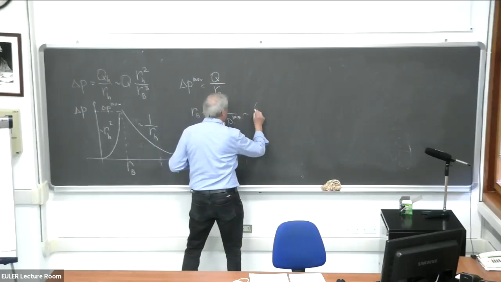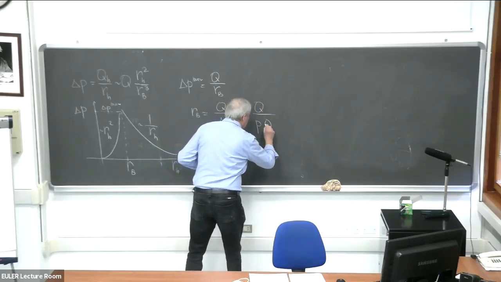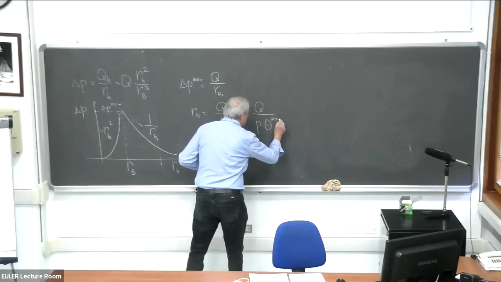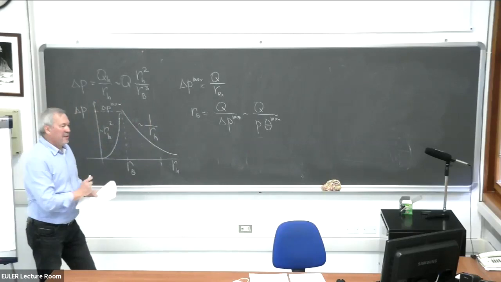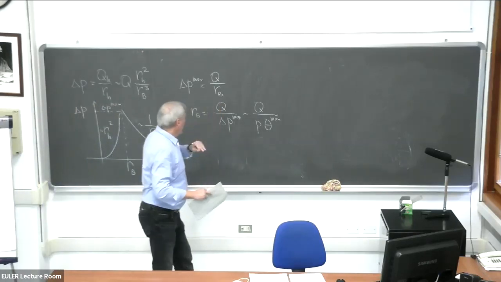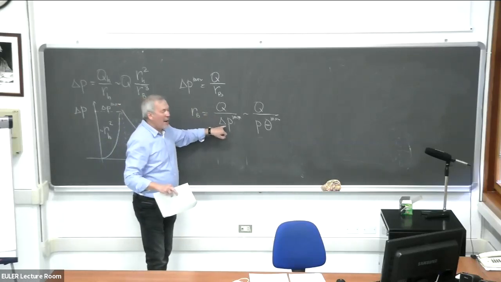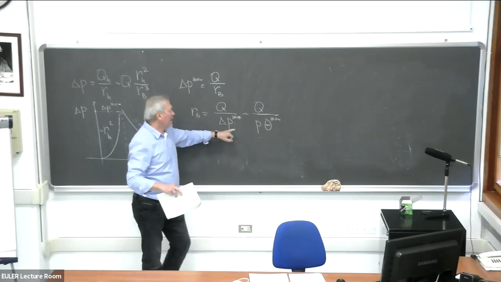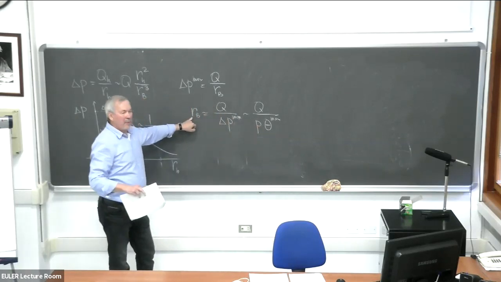Or we can write this as Q over P sine theta maximal; if the angle is small, then it will be just theta maximal. This means that by measuring the maximal delta P or the maximal angle of scattering, we can find R_B if it is not known in advance.